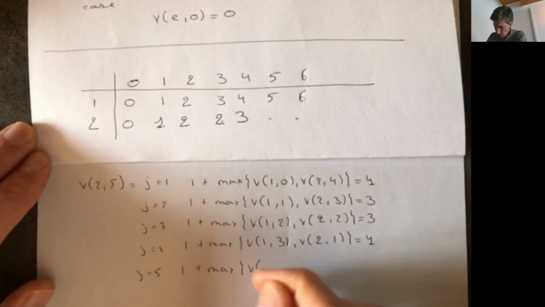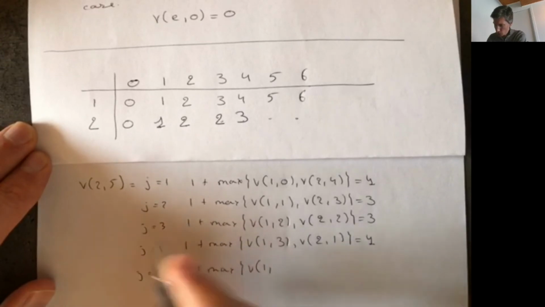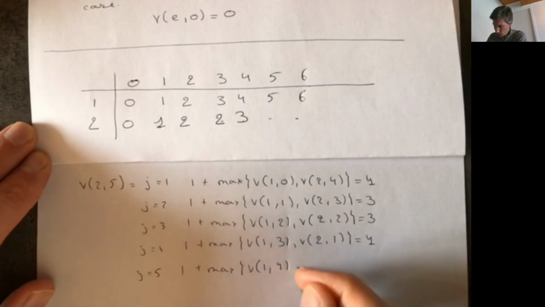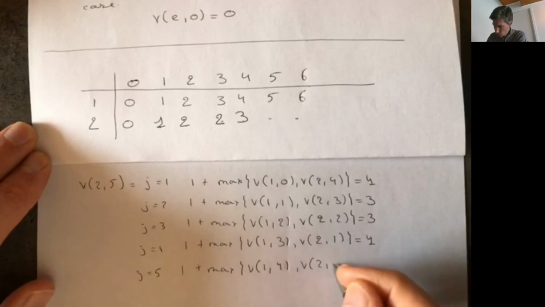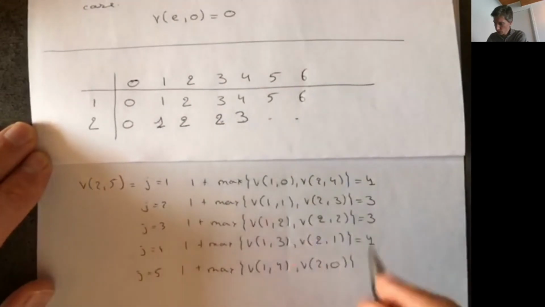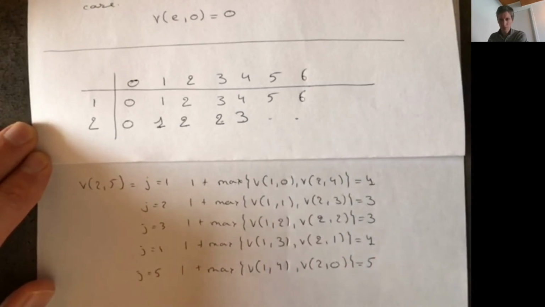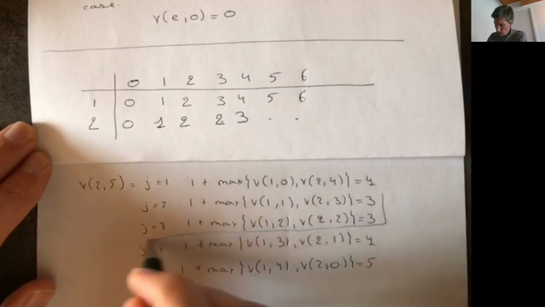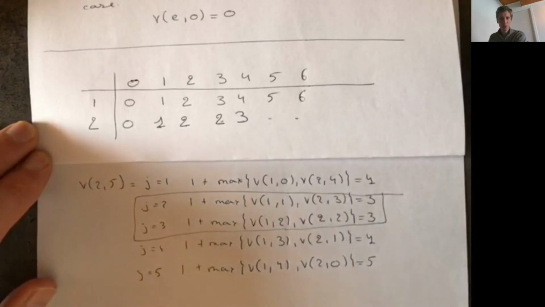And you have the maximum of v1,4 and v2,0. v1,4 is 4, v2,0 is 0, 4 plus 1 is 5. Okay, so here either floor number 2 or floor number 3 is going to be the optimal.